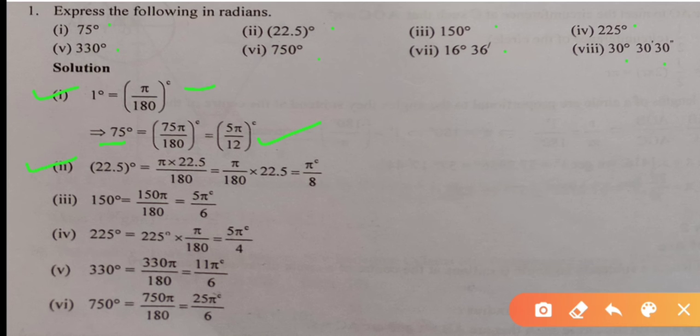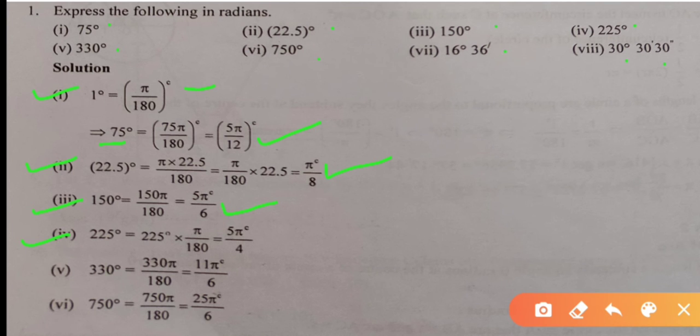Similarly, second one, 22.5 degree, pi by 180 into 22.5. After simplifying, what we get here? Pi by 8. And 150 degree, that is 150 into pi by 180, that is 5 pi by 6 by simplifying. Again 225 degree, that is 225 into pi by 180.